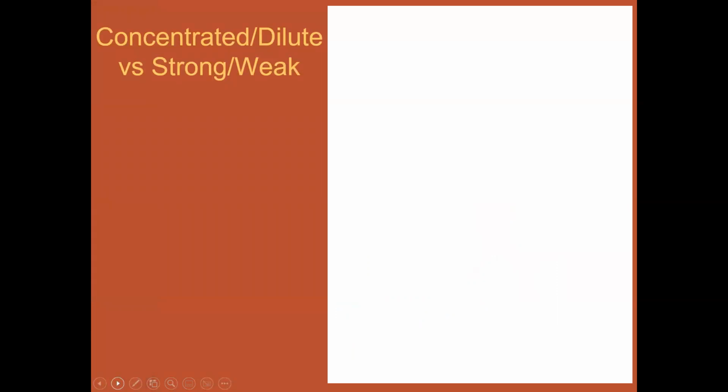So another thing from Chem 1 that you talked about was the difference between concentrate and dilute, as well as strong and weak. Remember, these two terms are not synonymous with one another. They are describing two different things. So between concentrate and dilute, concentrated means it has a high molarity.